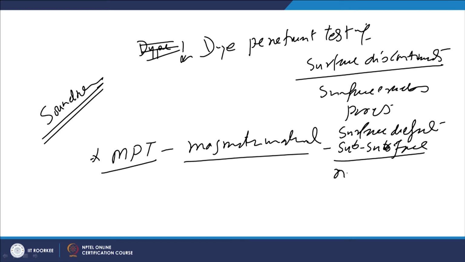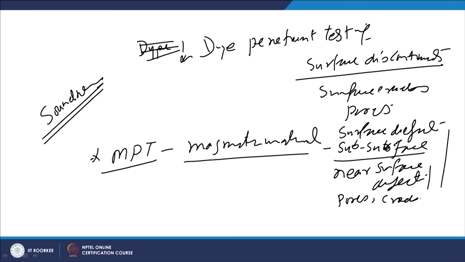So, we can say near-surface defects can also be assessed by the magnetic particle test. These may be in the form of pores or cracks or inclusions, etc. Then there are other methods like ultrasonic testing and X-ray testing.